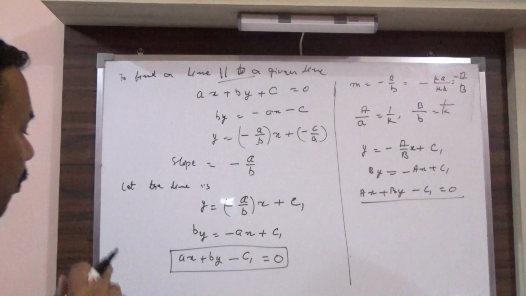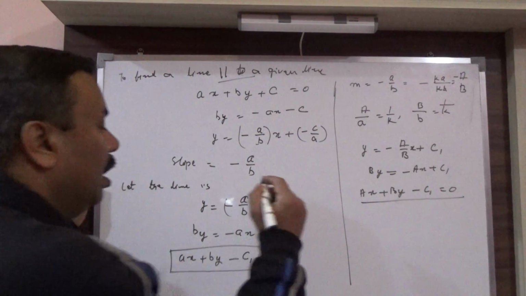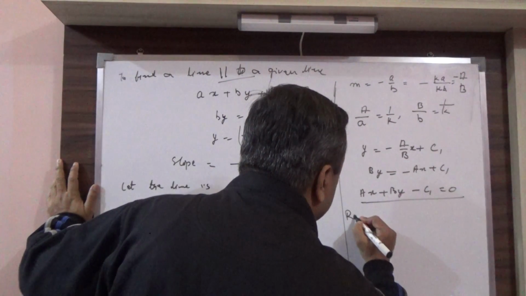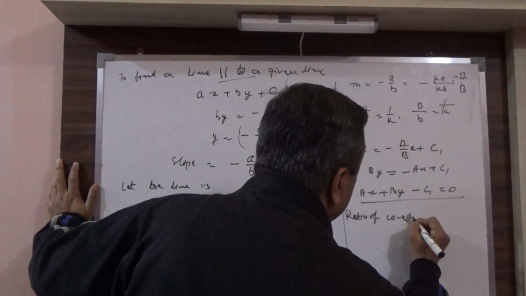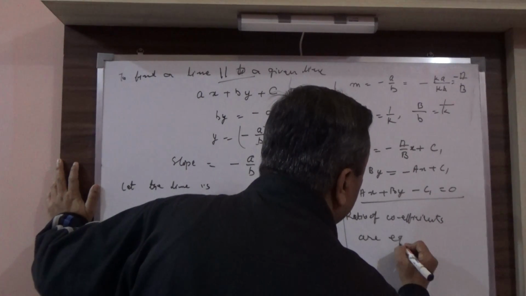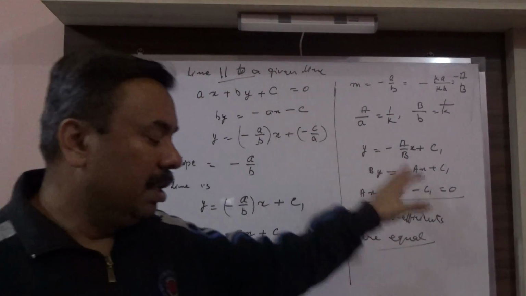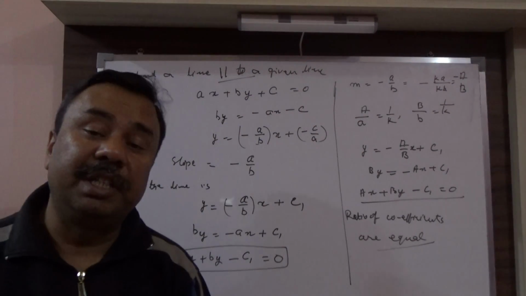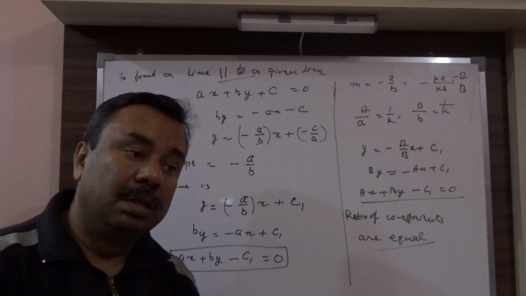So first, there is only a change in constant, and second, the ratio of the coefficients are equal. If the coefficients are in the same ratio, then I can say that the lines are parallel.